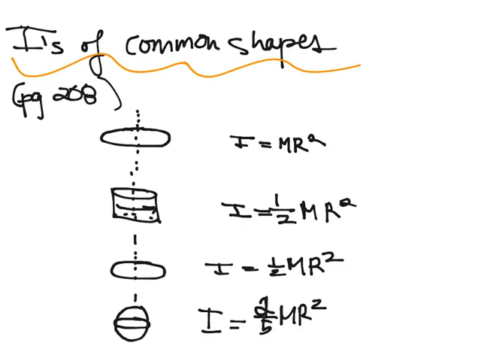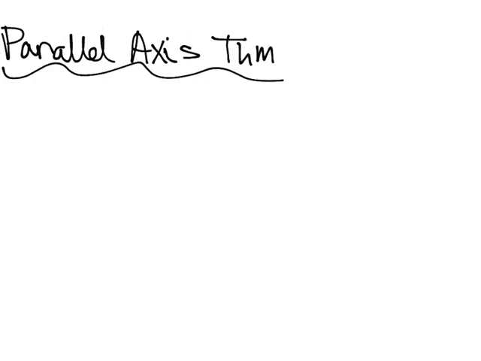And then finally, for a cylindrical rod that you're rotating around its center, I equals 1/12 ml squared.